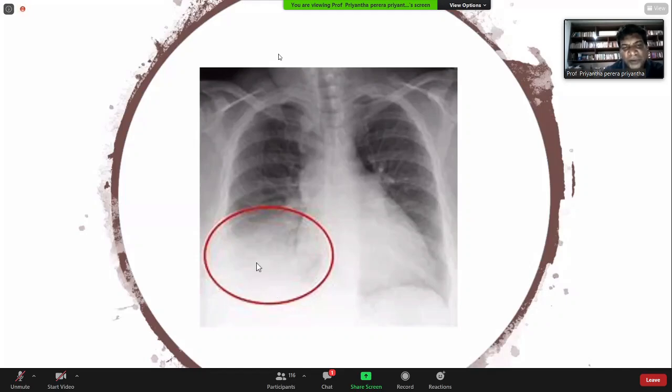The shadow overrides the diaphragm dome. You can't see the dome of the diaphragm, right? So here you might be having right middle lobe pneumonia as well, which you can't see, right? When they have right lower lobe involvement, in an AP view you might not see the right middle lobe as well. In that case you might have to take a lateral X-ray to see the right middle lobe, right? But here you can only say there is right lower lobe pneumonia, right?